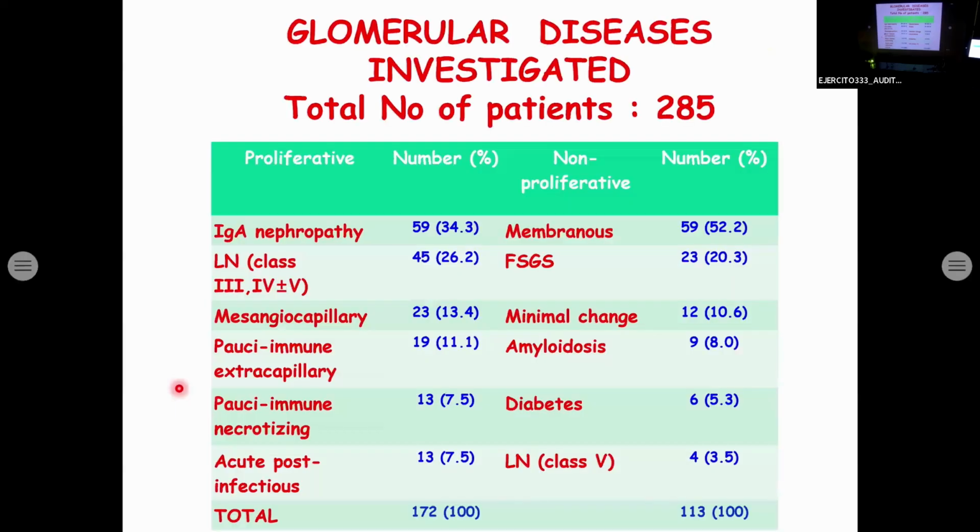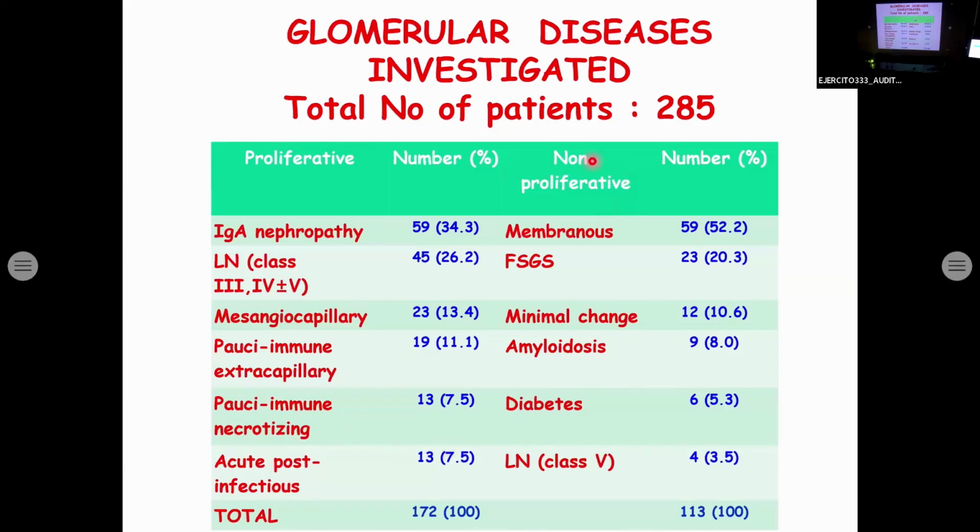The results. We collected 285 patients, 12 diseases, 6 proliferative and 6 non-proliferative. Here they are in decreasing order according to the number of patients for each disease. The largest series was IgA nephropathy, 59 patients, in proliferative glomerular diseases, and the lowest in this category, acute post-infectious.